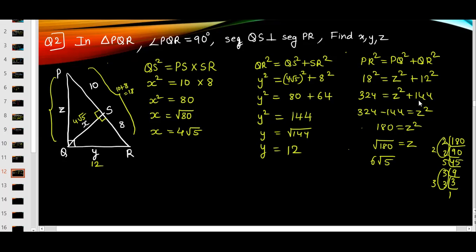That's why it will remain inside the square root. Equals Z. So this is the value of Z. Z means it is the value of PQ. So this is how we found out X, Y and Z. Okay, very simple. Using the formula and Pythagoras theorem, we can solve this type of questions.